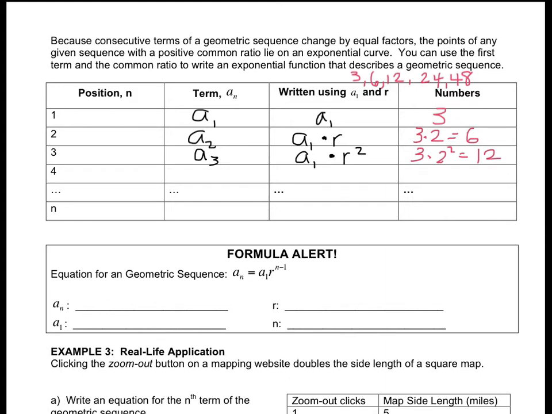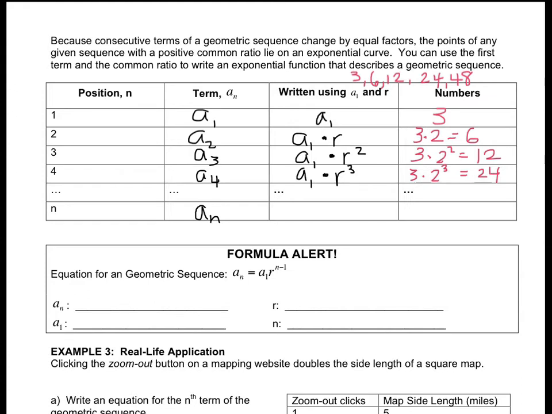Let's check out the next one. A sub 4 is going to be A sub 1 times the ratio to the third power, which in our numbers case would be 3 times 2 to the third, because 2 to the third would be 8, and times 3 would be 24, etc., etc. So A sub n is what?